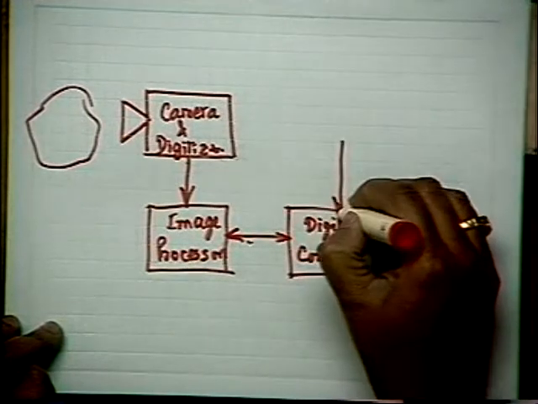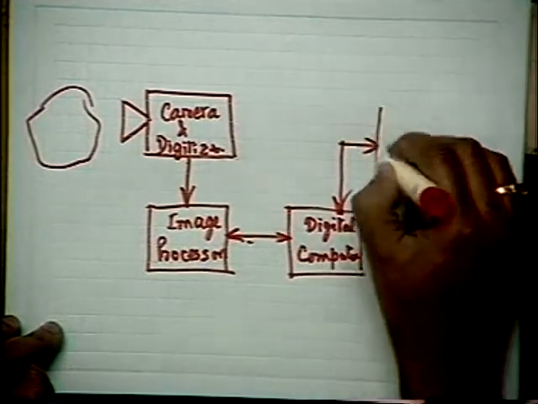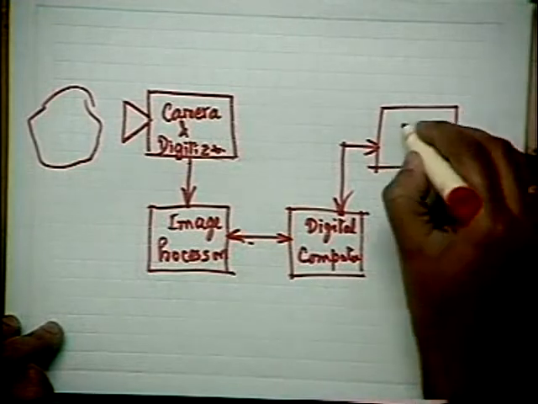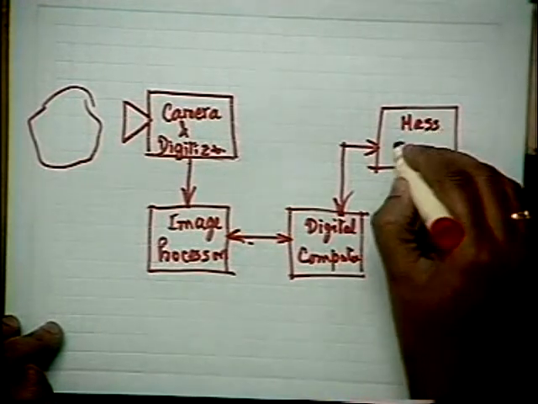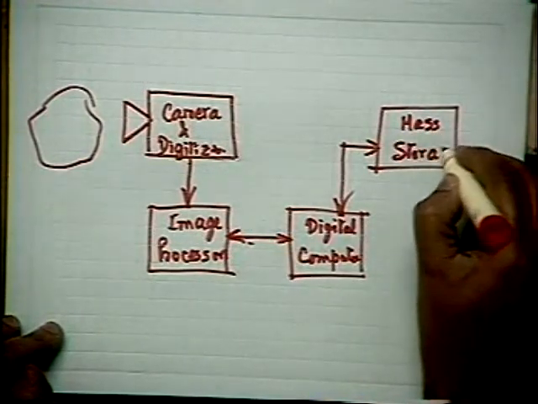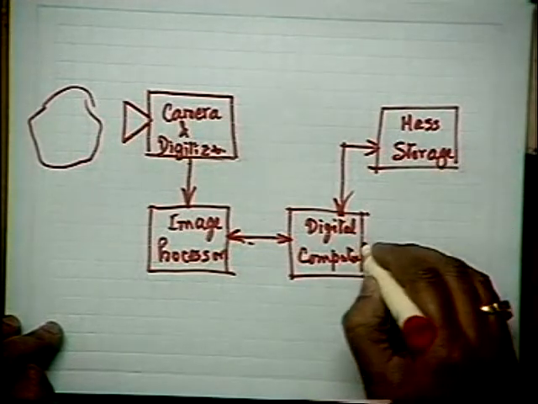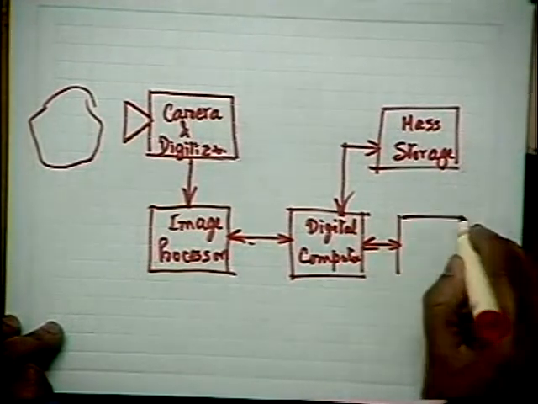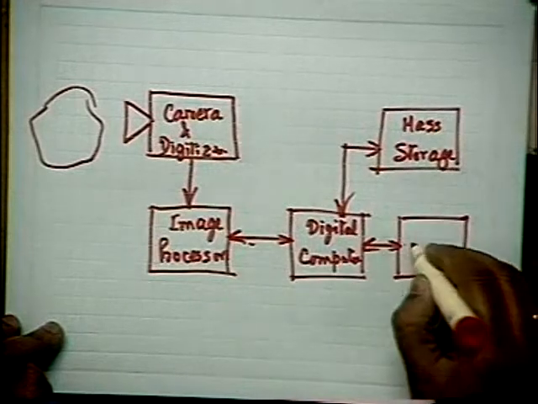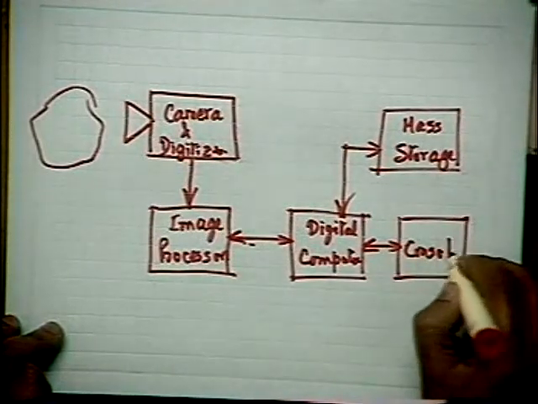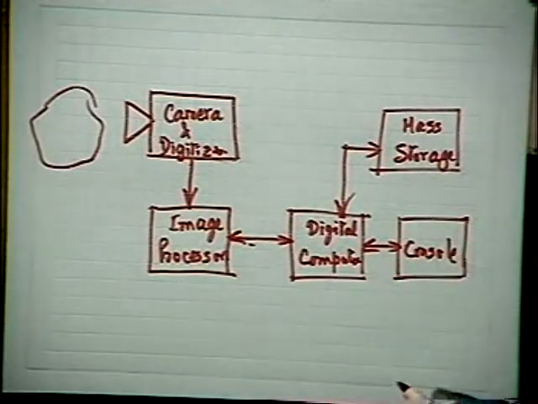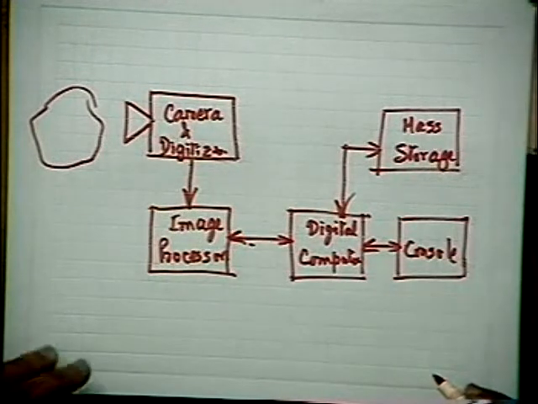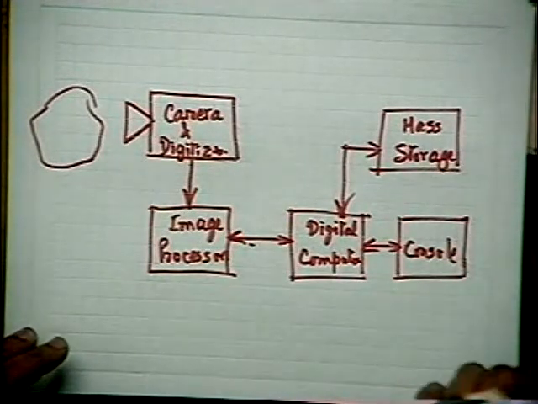Along with the digital computer, we need to have mass storage. In order to communicate with the digital computer, we must have an operator's console with display and keyboard, and maybe other devices like mouse, trackball and all such things.